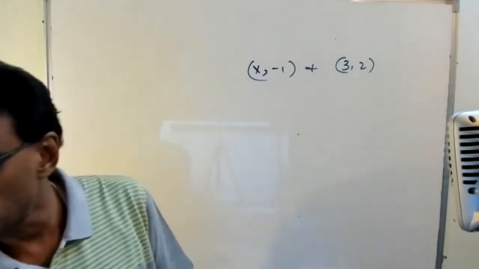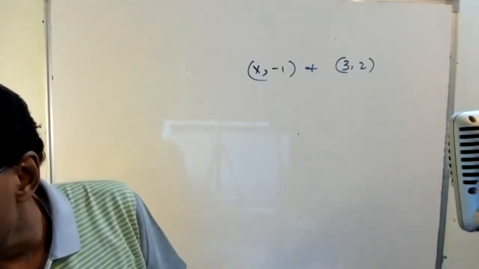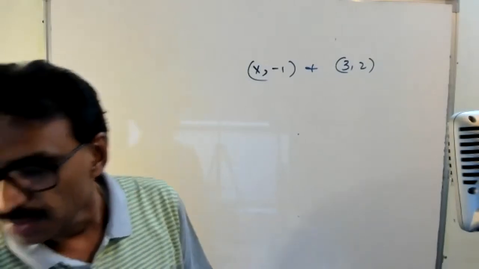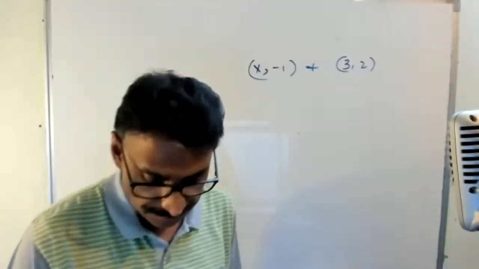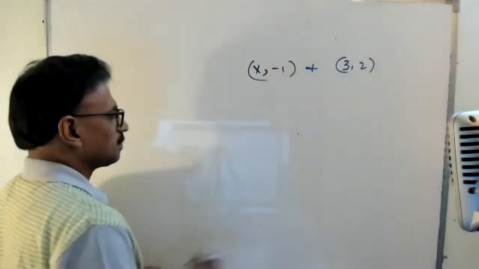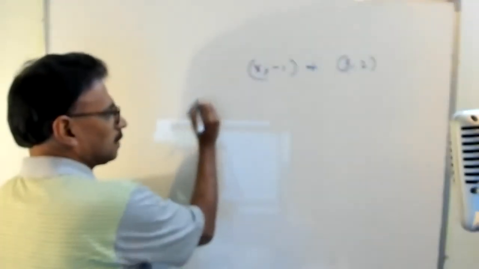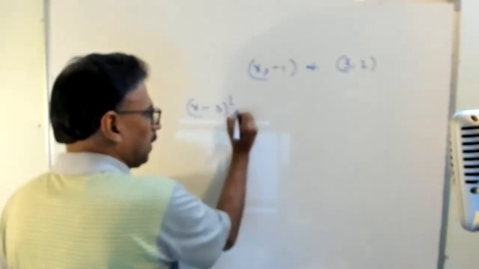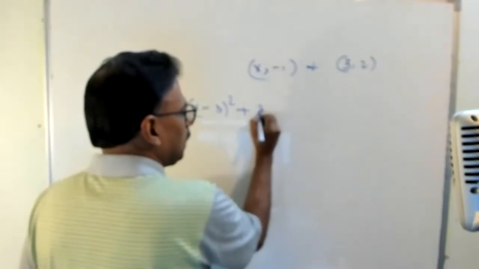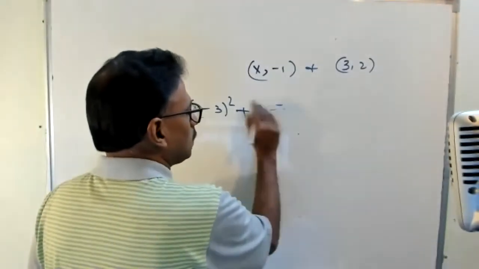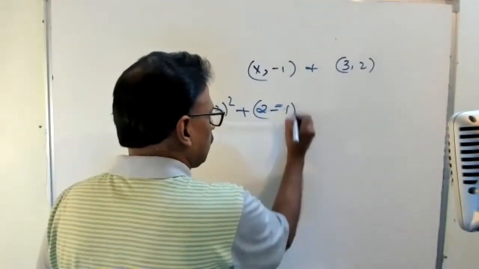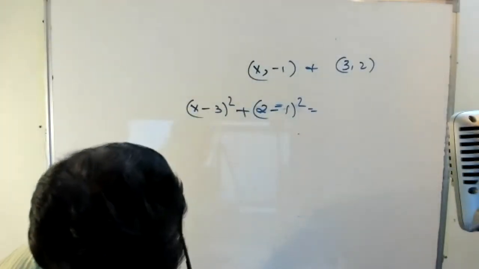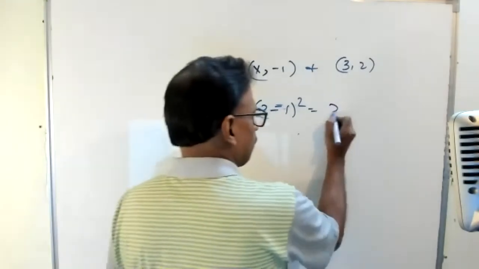Look, what are you saying? Others, what are you saying? Root of 18? No. Look here. X minus 3 whole square plus 2 minus minus 1 whole square equal to the distance squared. The distance is 5, so 25.